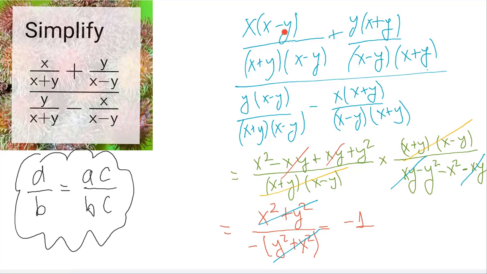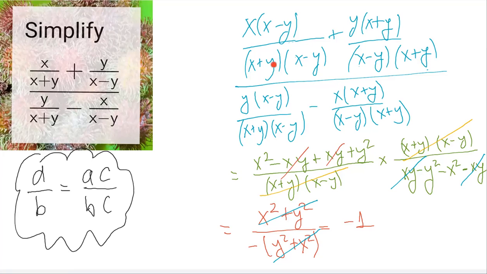Do you see? I multiply both sides by x minus y, both sides by x plus y, likewise x minus y, x plus y. When I do this, nothing will change, but what we will have is that the bases, or the bottom parts, will be equal.